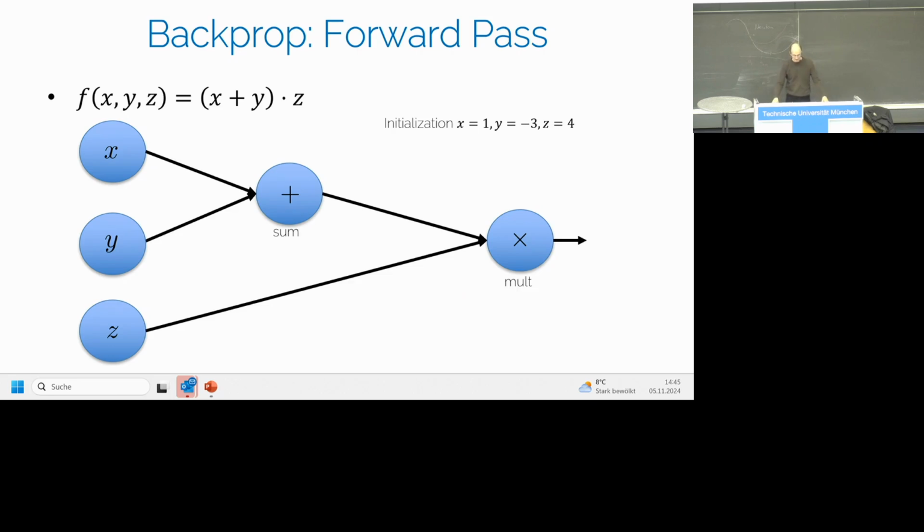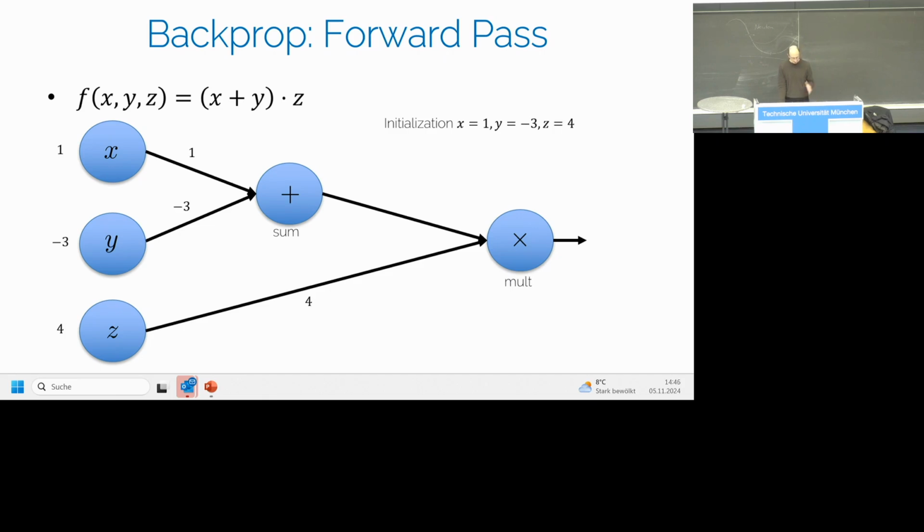Here's the idea. First we start with a simple expression, x plus y times z, super simple. But you see already for such a simple thing, we get a big computational graph. So how do we use this graph now? We can use it in the forward pass. We set some initialization, say 1, minus 3, and 4.